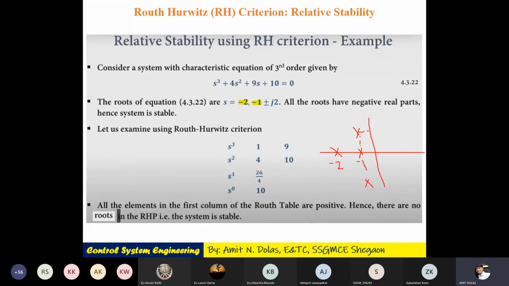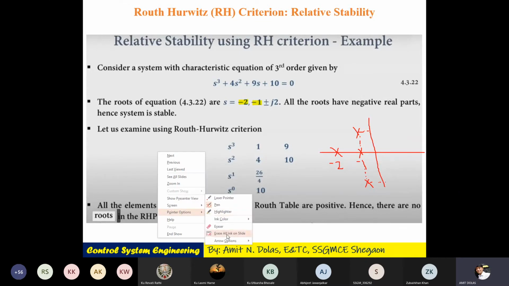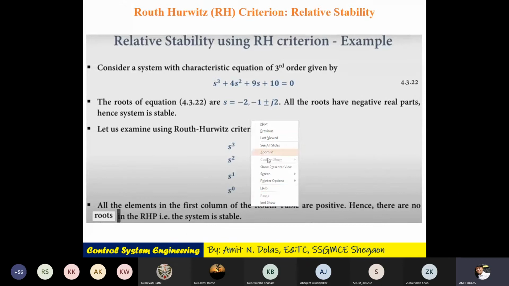So these are the poles. One is a complex conjugate pair, one is real. These roots are calculated straightforwardly, using methods like partial fractions, and for complex conjugates there is an equation for that.